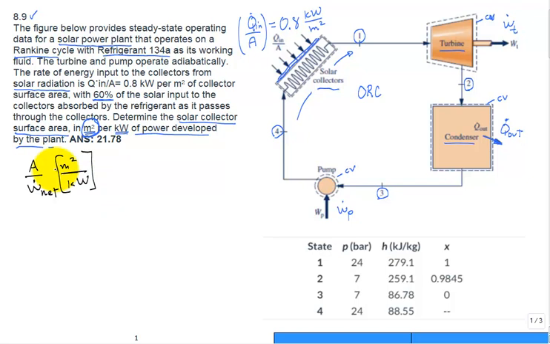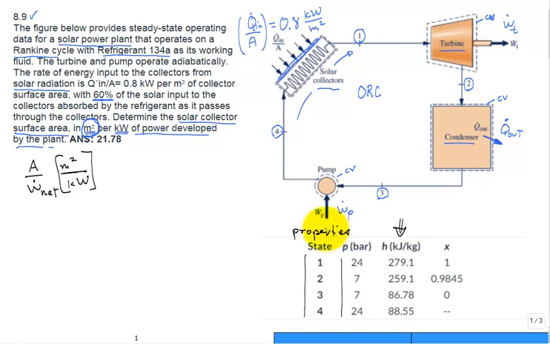Well, take a look at all the information given. We're given a table, which is nice, where we have the states 1, 2, 3, 4. We have the pressures, and the key information is this enthalpy column, and then also the quality. But the key information really is the enthalpies here. So if we go around and we construct, it's like they've given us a table of the properties.